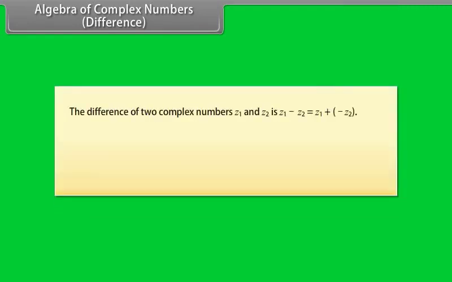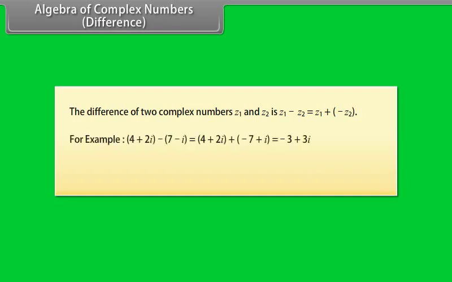Algebra of complex numbers. Difference. The difference of two complex numbers z1 and z2, z1 minus z2, is equal to z1 plus minus z2.